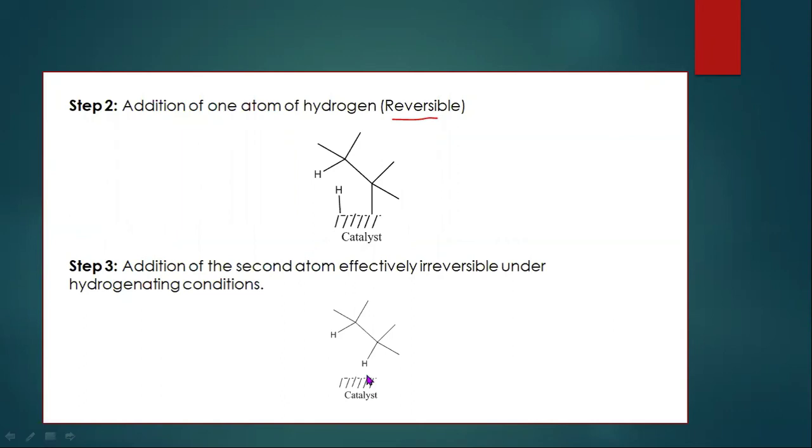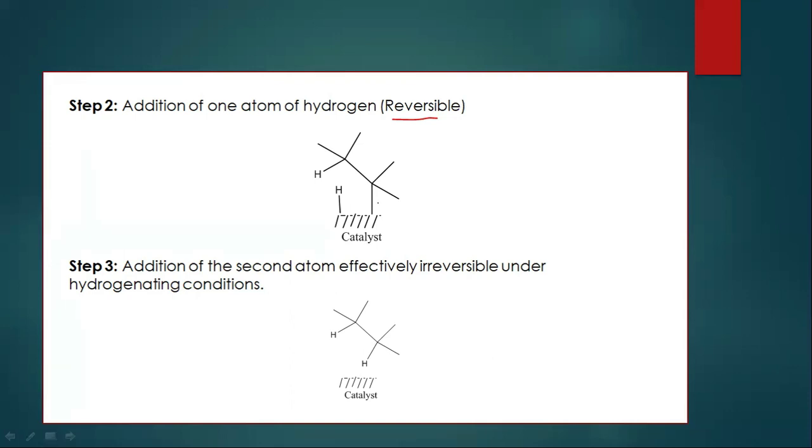So in order to fulfill that, the addition of the second atom effectively needs to be transferred over the substrate under hydrogenating conditions. That means you will get a catalyst free, because the second hydrogen has also been transferred over this particular carbon.